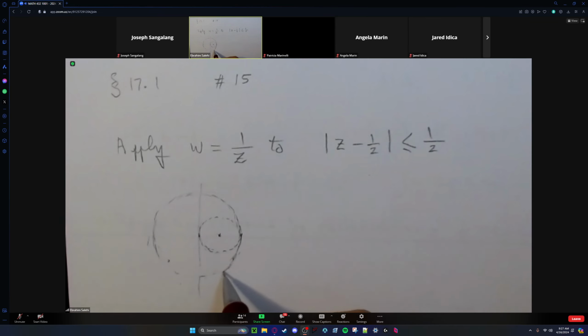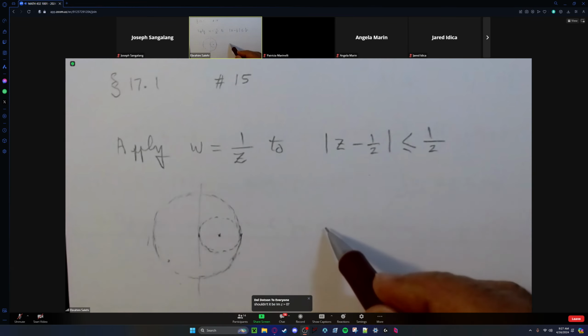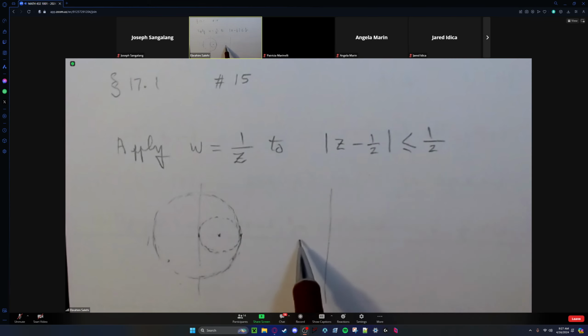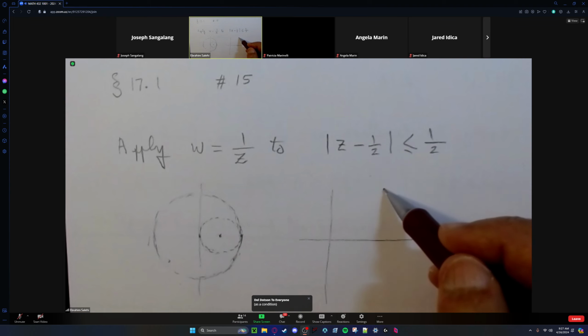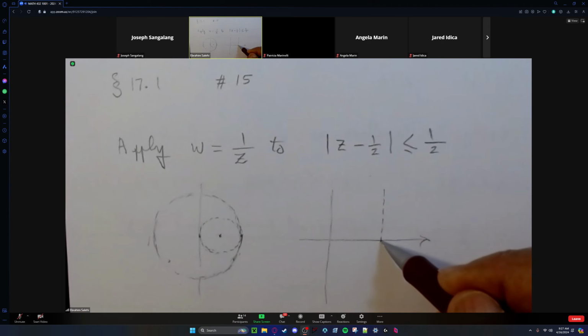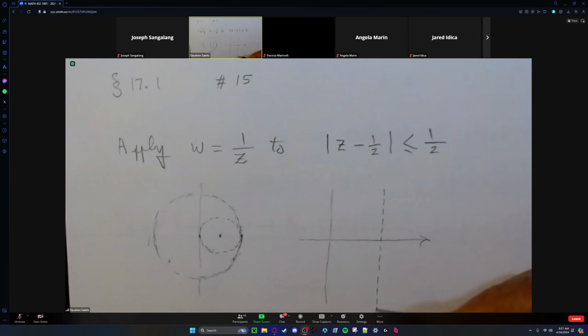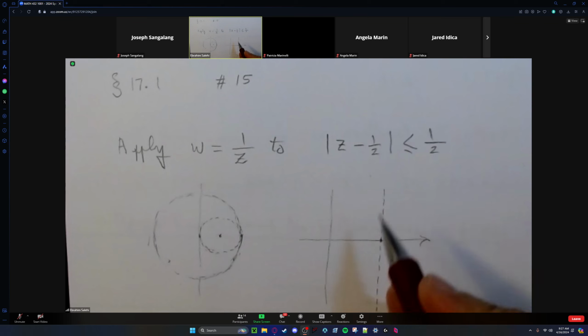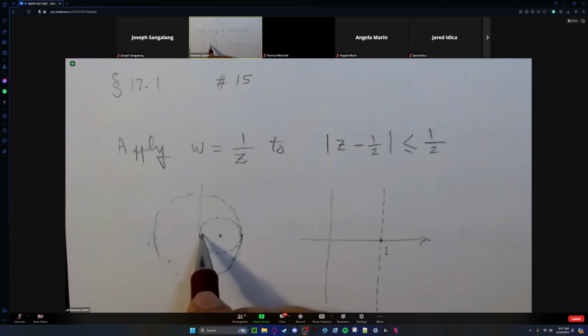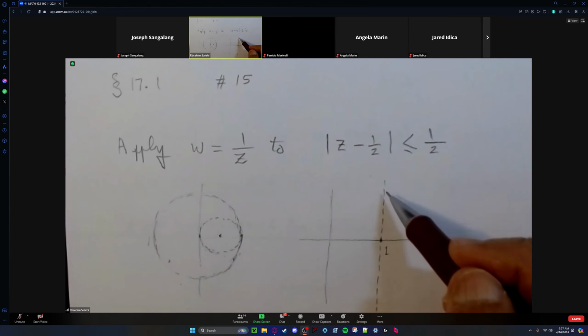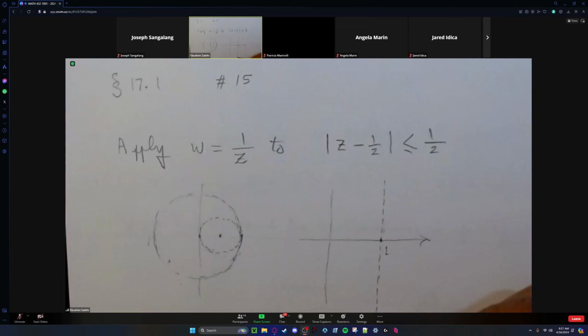When you apply 1 over z, this part goes to, in the UV plane, I have done this, I guess, while I was teaching it, this vertical line. And here's one. So this circle goes to this line. Okay?